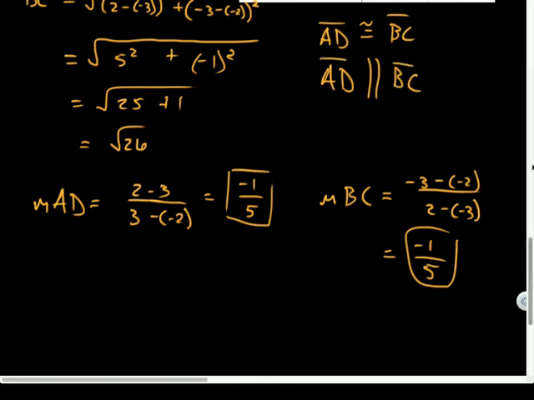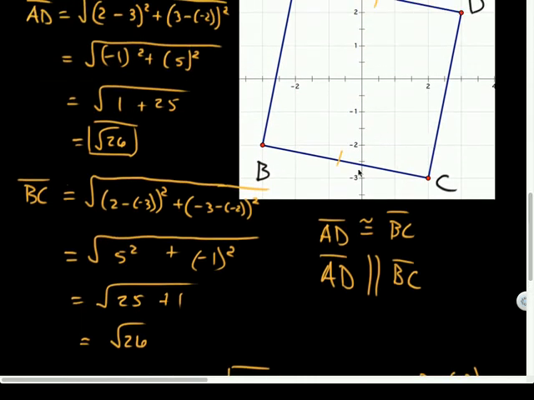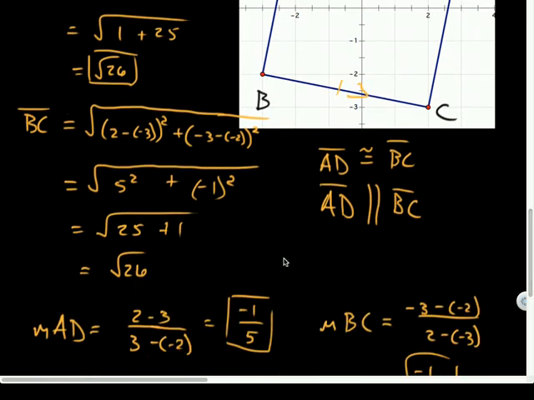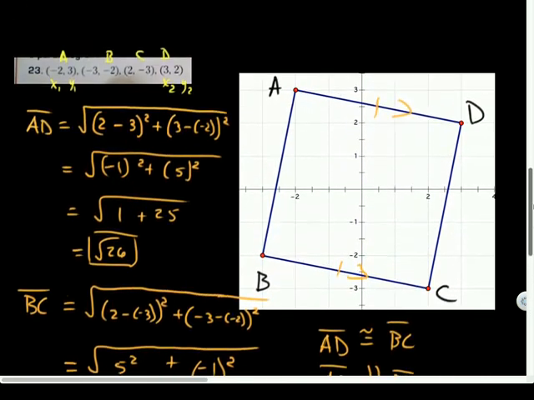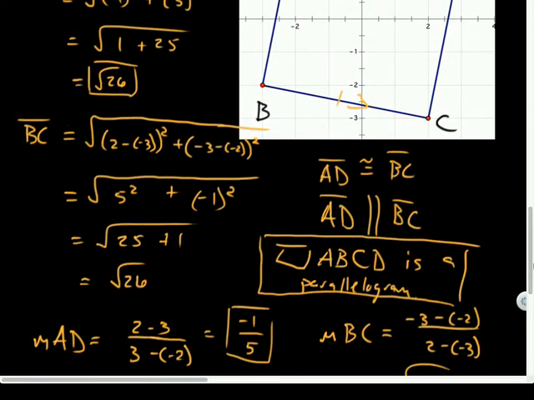And by proving both of those things, I have just shown that quadrilateral ABCD is a parallelogram. Yay. So the proof is in the work that you show, it's not in the conclusion.